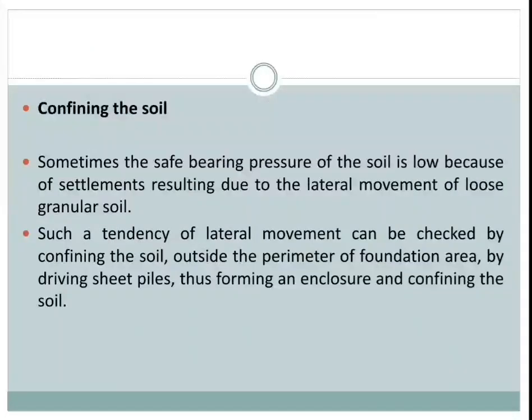Next is confining the soil. In case of shallow foundation in sandy soil, the safe bearing pressure of soil is low because of settlement due to lateral movement of soil. Such lateral movement of soil can be prevented by confining the soil in an enclosed area with the help of sheet piles.